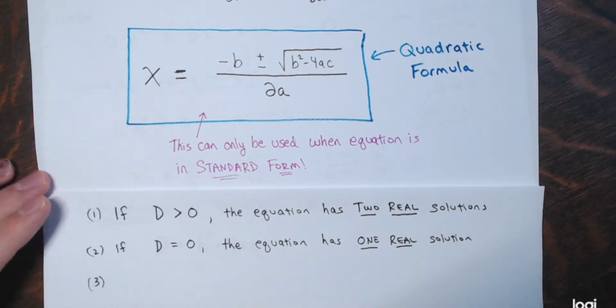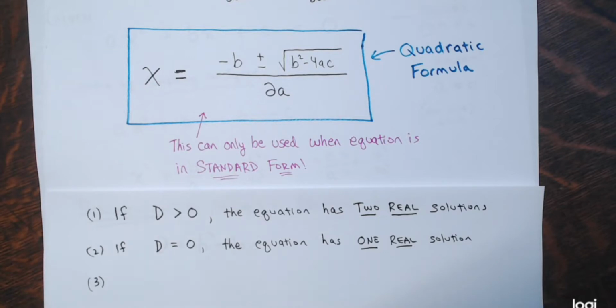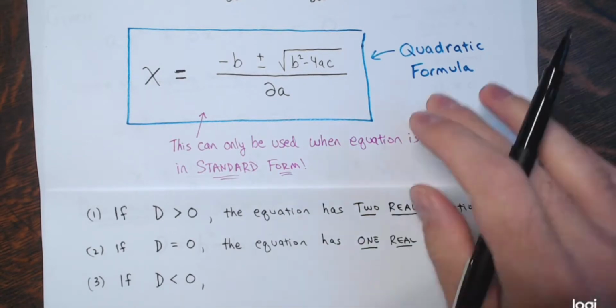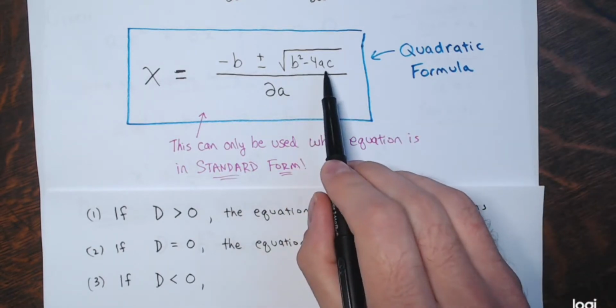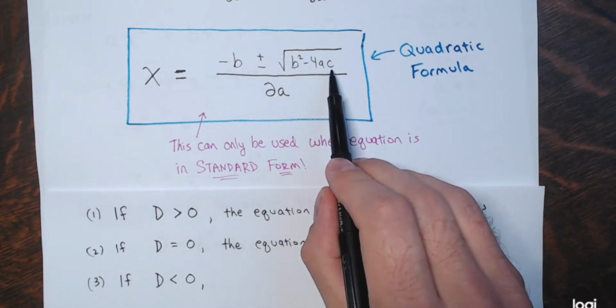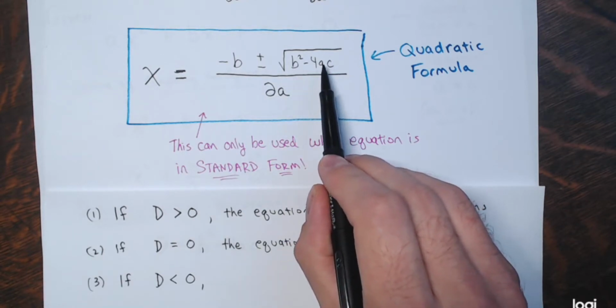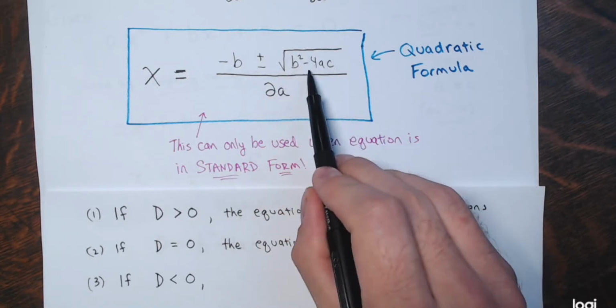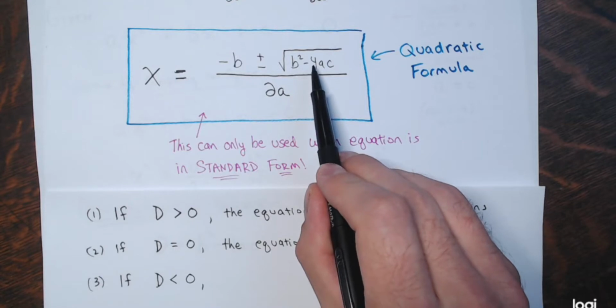And then finally, if the discriminant is negative, less than 0, so if the b squared minus 4ac is negative, look what happens. You'd have the square root of a negative number here. And remember, square roots of negative numbers are imaginary.